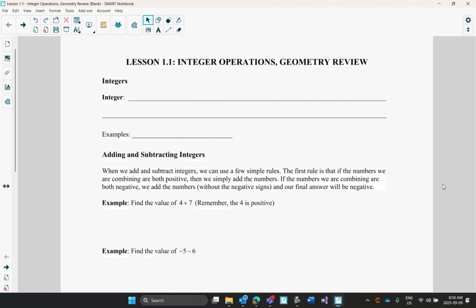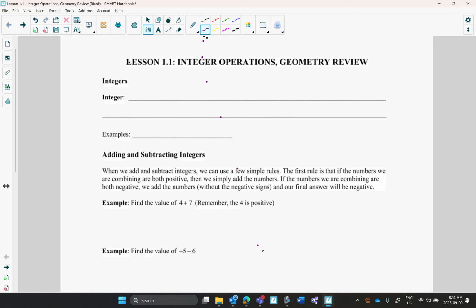It's basically all 4 operations with positive and negative numbers, all 4 operations with fractions, and some geometry like area and perimeter. And that's really what we're just going to cover in the first unit. We'll probably work through it fairly quickly, depending on how you guys did with the assessment. But anyway, let's start with something called integers.